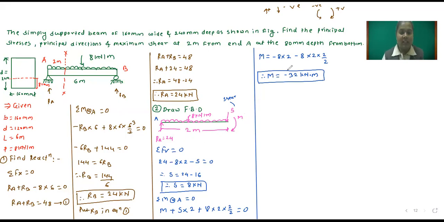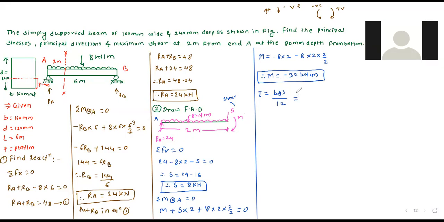Next target is to find the moment of inertia for this rectangle. The moment of inertia I for a rectangle is b d cube upon 12, which is 160 into 240 cube divided by 12.